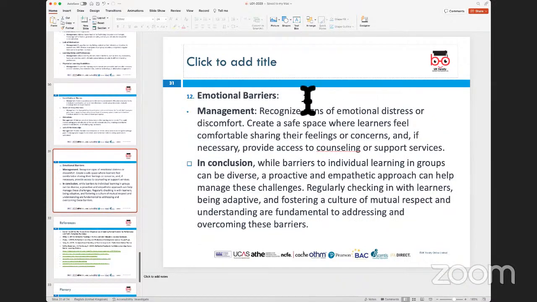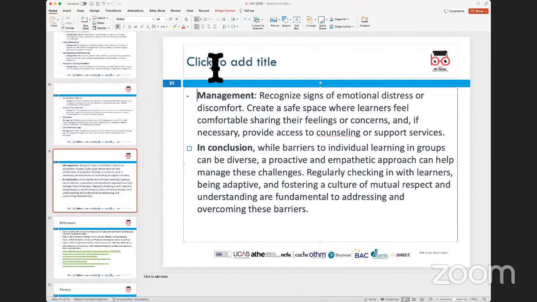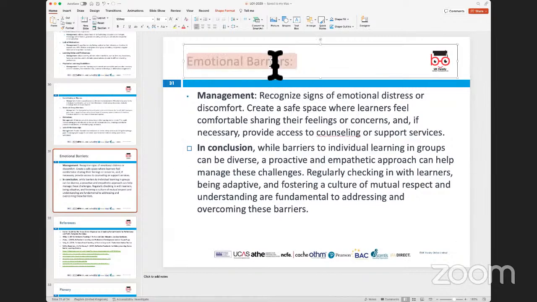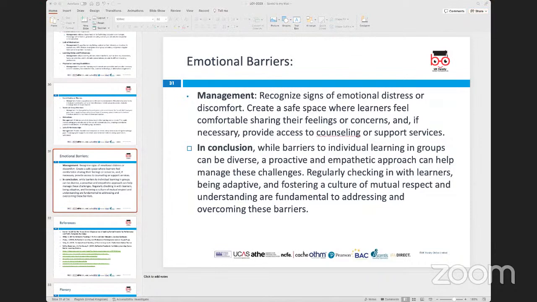Now, we could also talk about emotional barriers. When we talk about emotional barriers, what you're looking at essentially is a mental block. I would put it this way in simple words: it could influence how you perceive others and others' actions, or in some cases, it prevents you from clearly communicating your feelings.